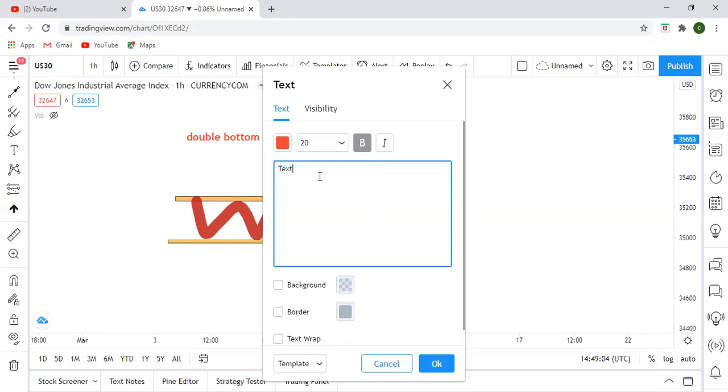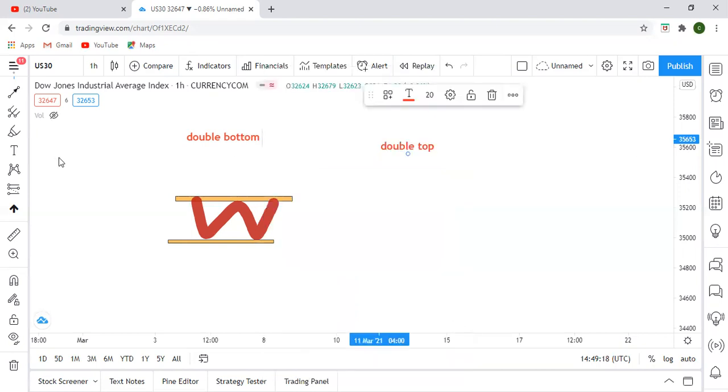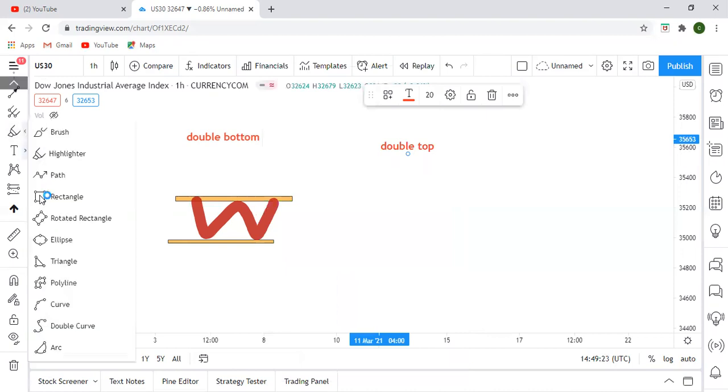So your double top structure, which is your M. We're going to do the same thing that we did on our previous reversal pattern.